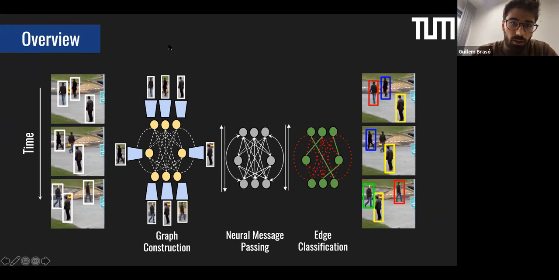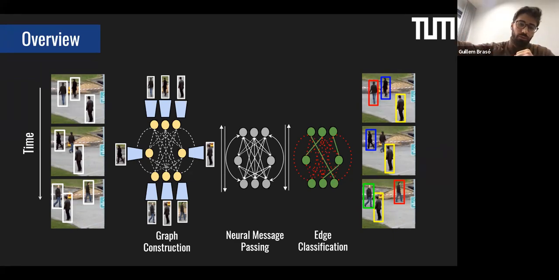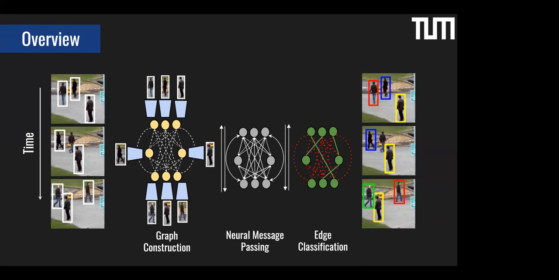Here, I think I didn't draw all the possible connections, but in practice, we have up to 15 frames per graph. And the nodes that are far apart in time, so frame 1 to frame 15, will still be connected. But the doubt that I have is: how would you know which node to connect to in the future?